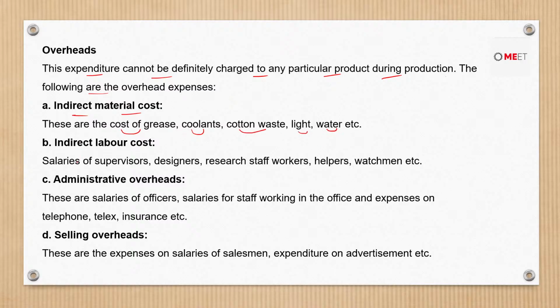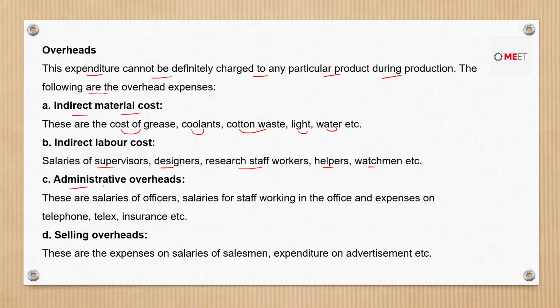Next is indirect labor staff, that is salaries of supervisors, designers, research staff, workers, helpers and watchmen. These people are not at all involved directly in fabrication of material. These people will be providing assistance or information to the operators who are performing an operation.